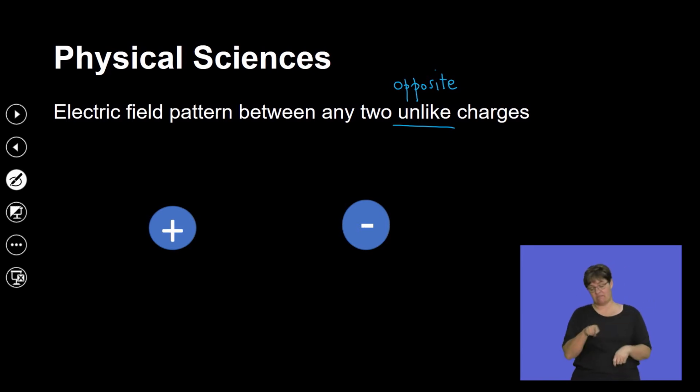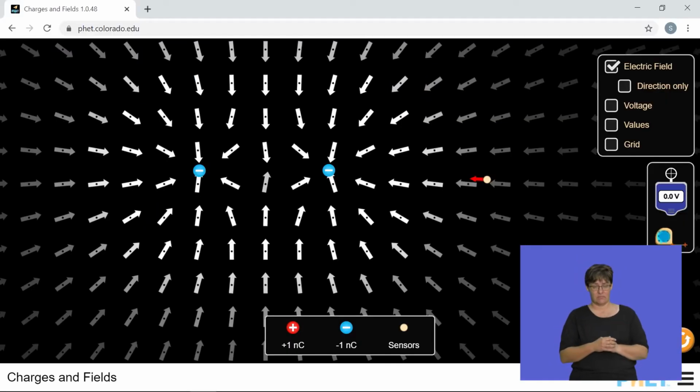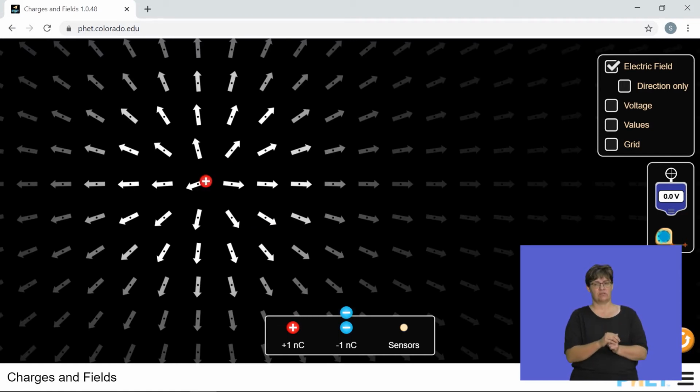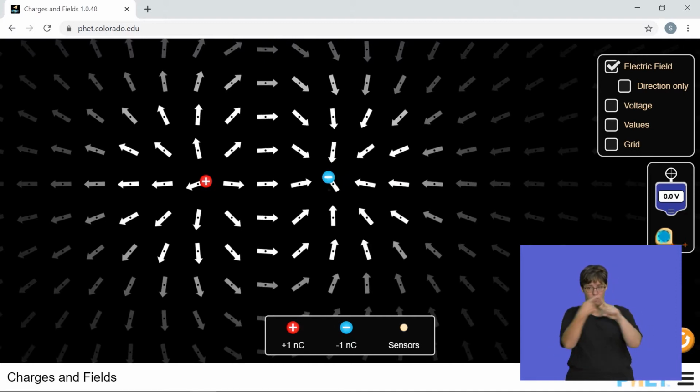Now, if we first of all look at the demonstration on the simulation, just to show the interaction of those 2 point charges that are opposite, this is what happens, right? Okay, let us put it there. You can see that the direction is still actually away from the positive, but towards the negative.